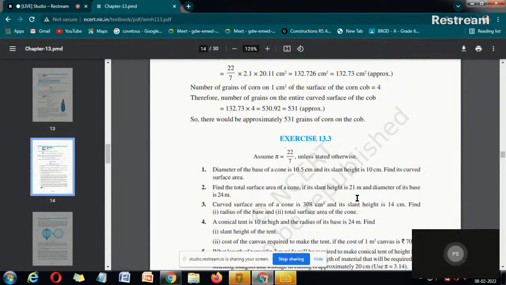So 22 into 5, 5 twos are 10, 11 into 1.5. 165, I think, is the answer. Centimeter square is our answer. First question of our 13.3.